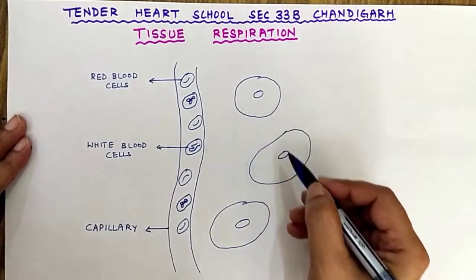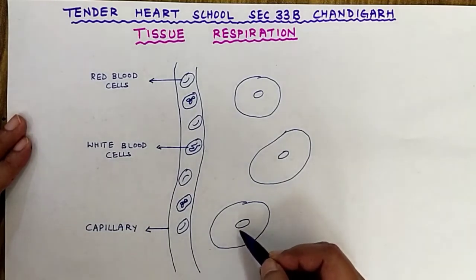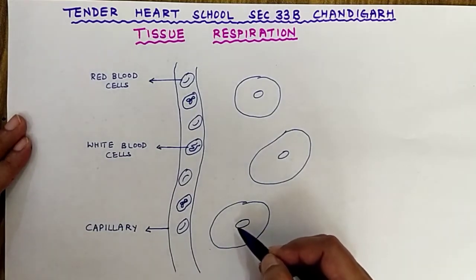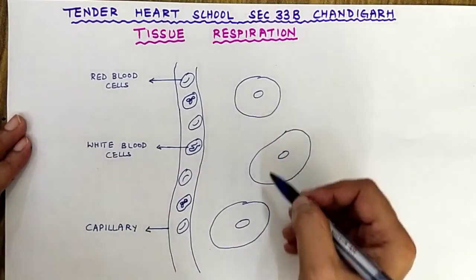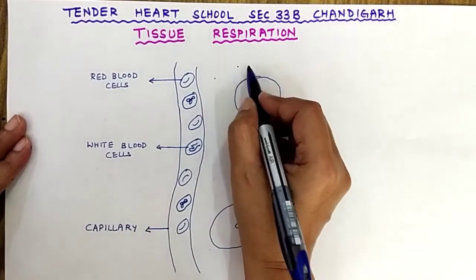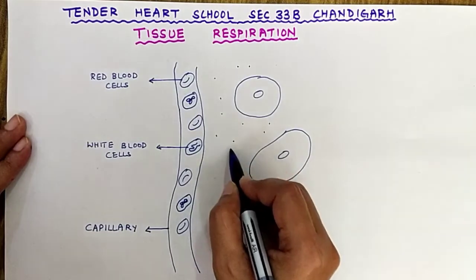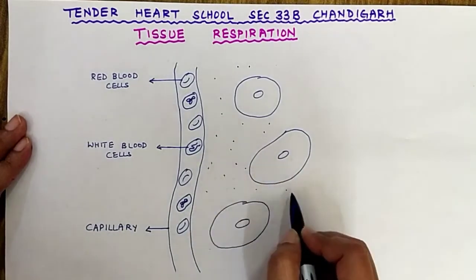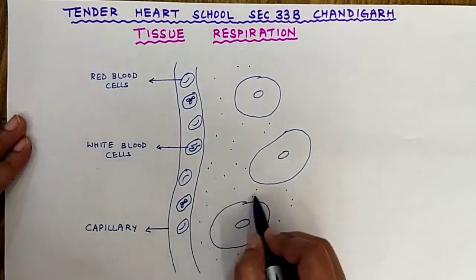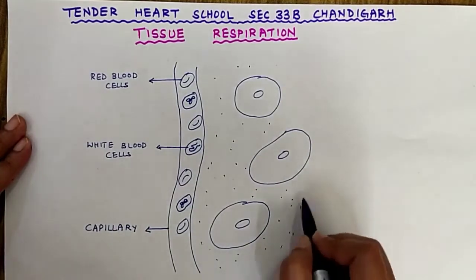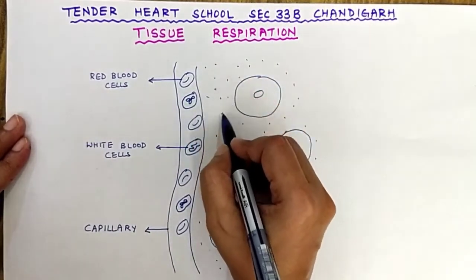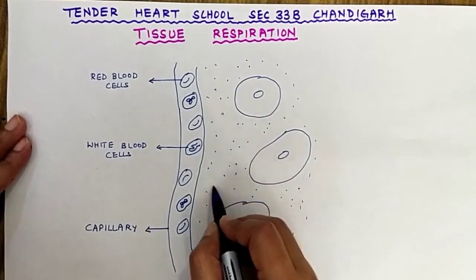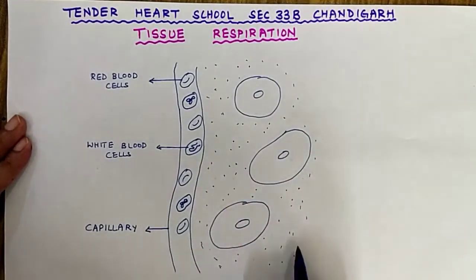So tissue is a group of cells which are performing a similar function and have a similar structure as well. These cells in a tissue are floating in a fluid which is called the tissue fluid. So this is a fluid in which these cells are suspended, right? So let us label these also.